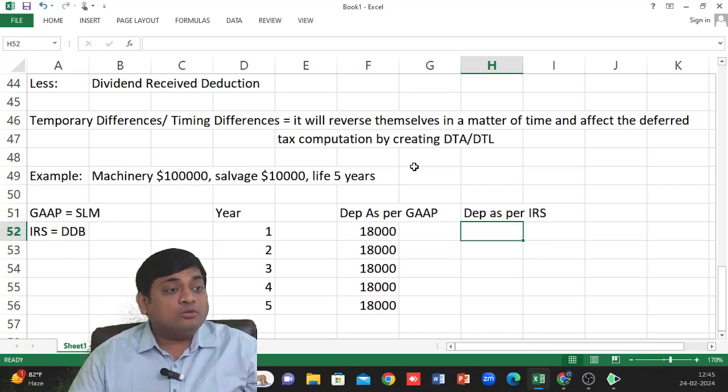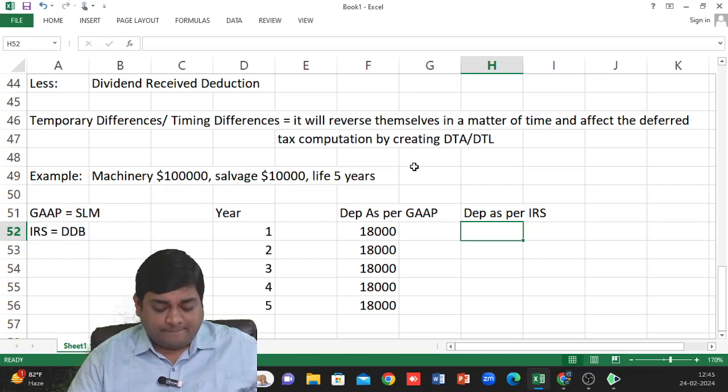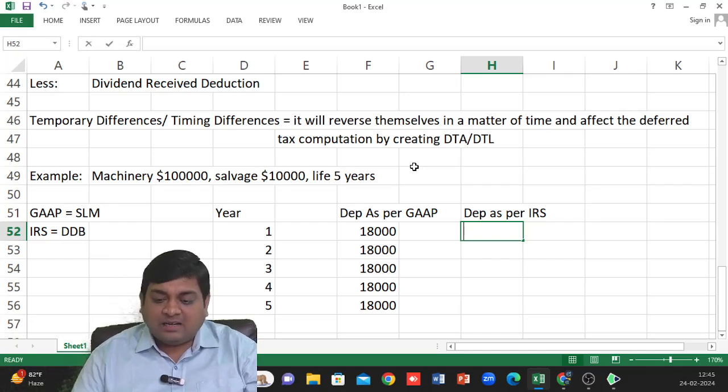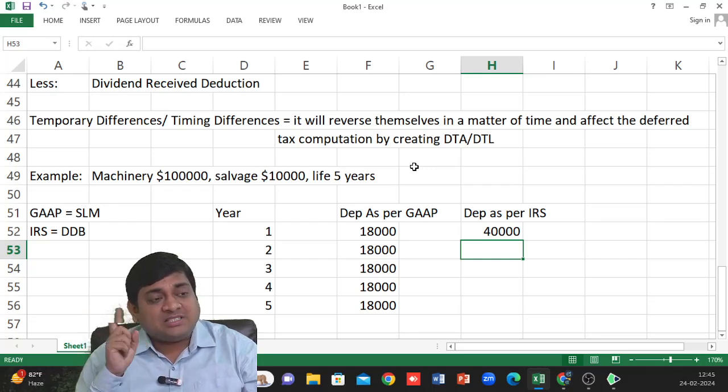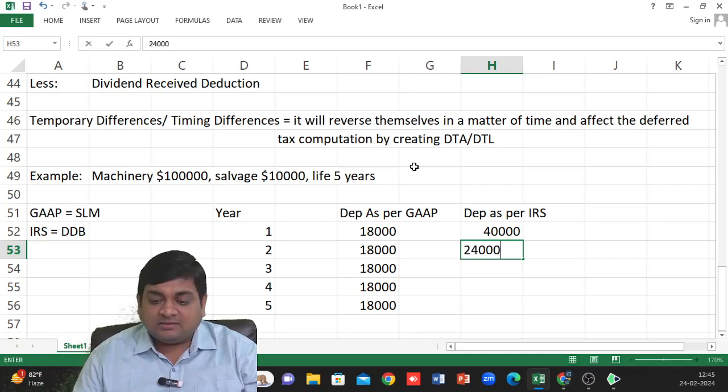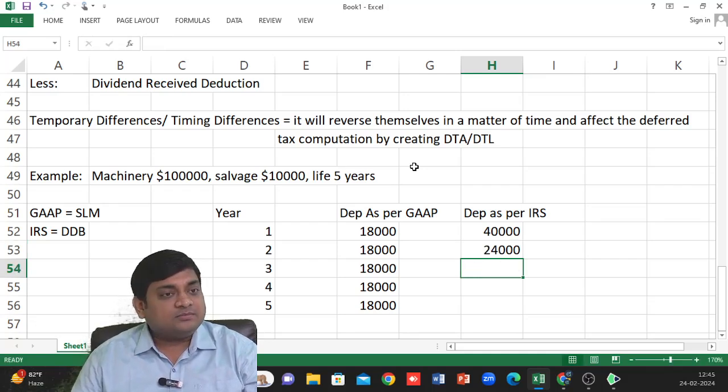Which is 40%. So 1 lakh into 40% comes to 40,000 in the first year. Second year it will be 60,000 into 40%, right? Third year it will be 36,000 into 40%.